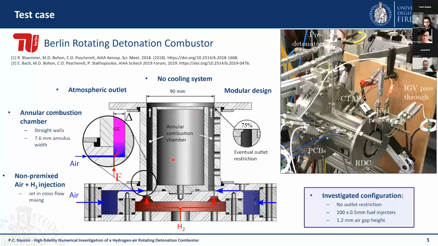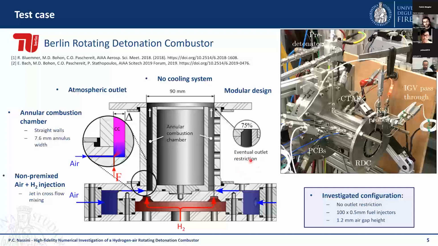This combustor has been designed to be modular, so we have the possibility to change the plate for deciding the height of the air slot and the number of fuel injectors, but there is also the possibility to add an eventual outlet restriction at the end of the combustion chamber.